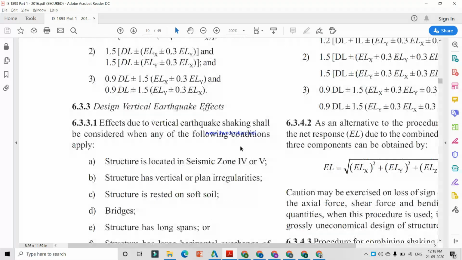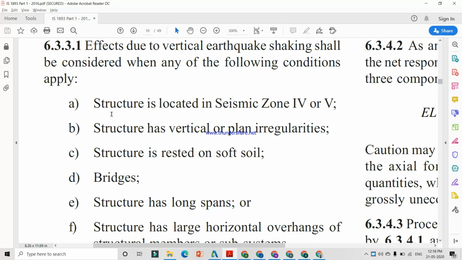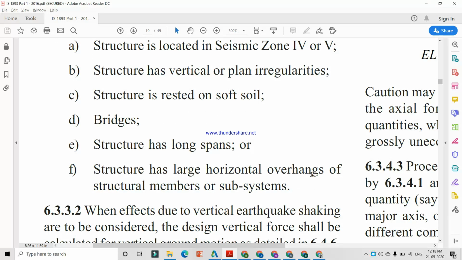The next load combination is, first of all, design vertical earthquake effect. Effect due to the vertical earthquake shaking shall be considered when the structure is located in zone 4 and zone 5, second when the structure has vertical or plan irregularities, third when the structure rests on soft soil, fourth for bridges, when the structure has a longer span, and when the structure has a large horizontal overhanging of the structural member or subsystem.